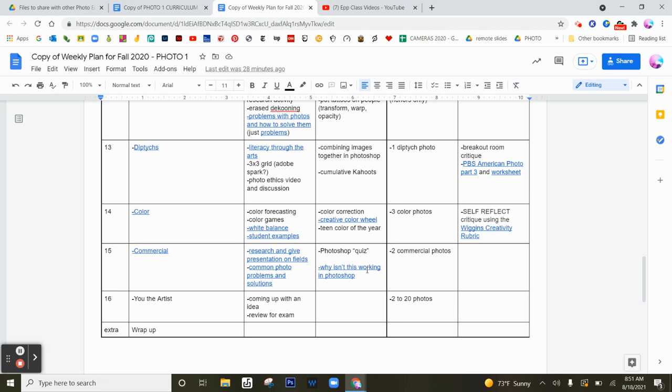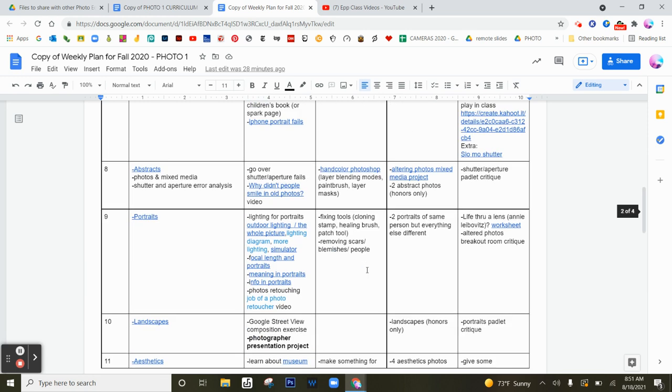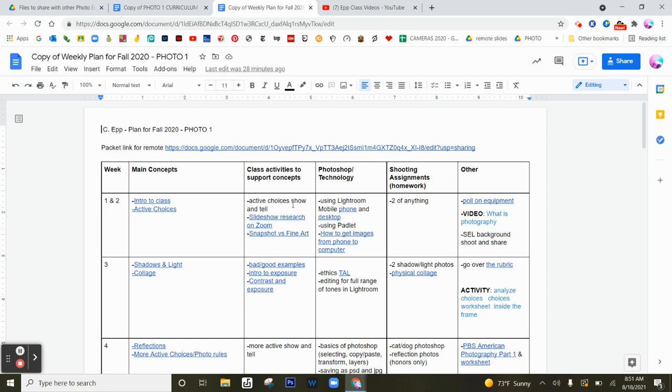So again, they're taking their photos outside of class, while inside of class, they're doing all these other things, the class activities to support the concepts, Photoshop, and the other things that we're learning about, the importance of photography in politics and society, and issues of ethics in photography, and all of those kinds of things, discussions and whatever, and of course critiques. And that's what fills up our 3 to 4 class periods per week in school.